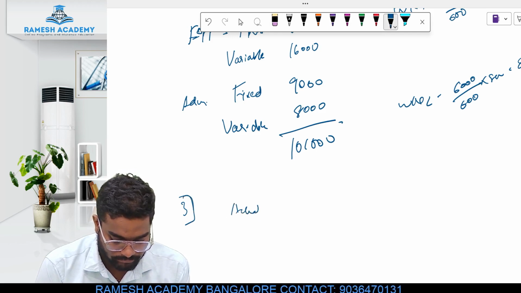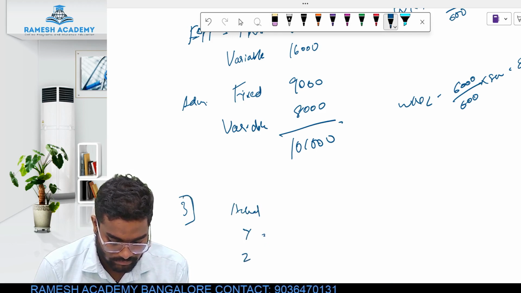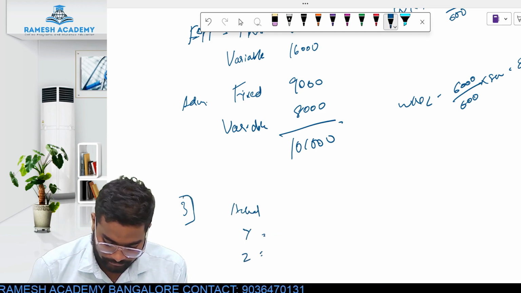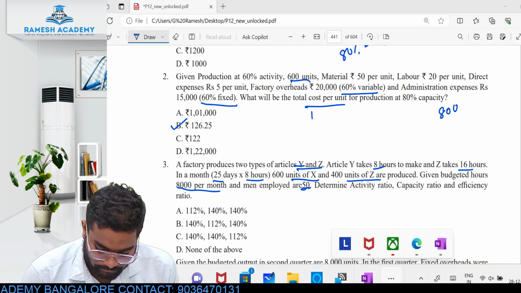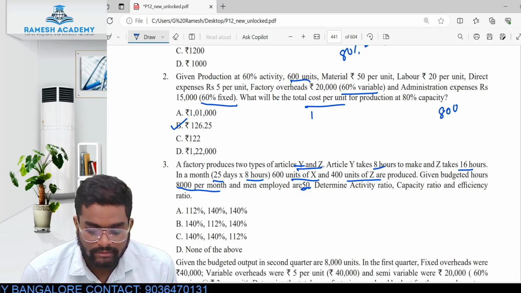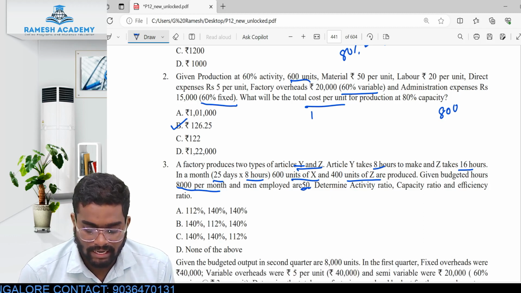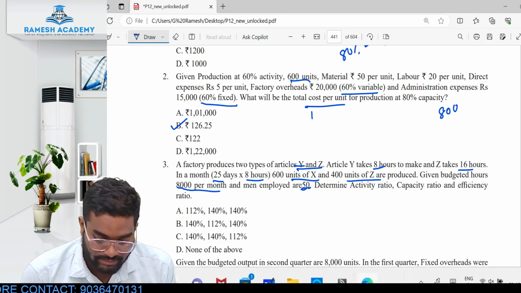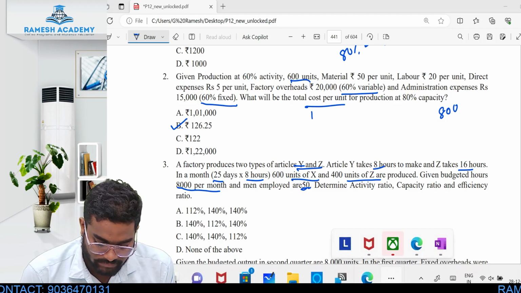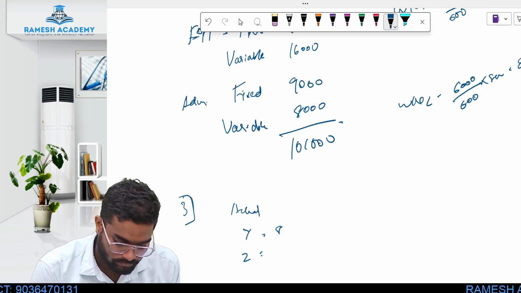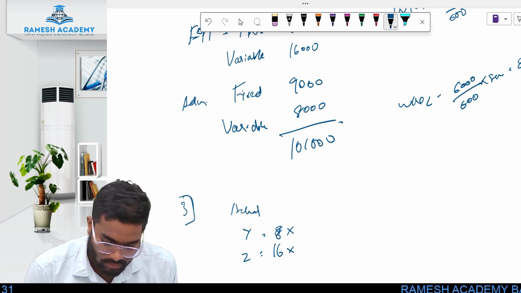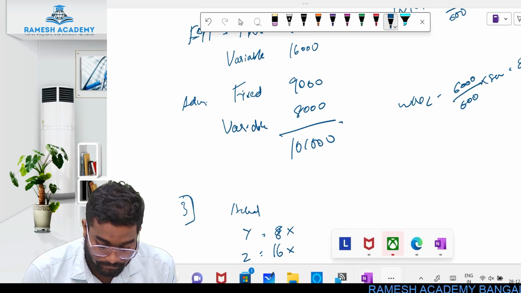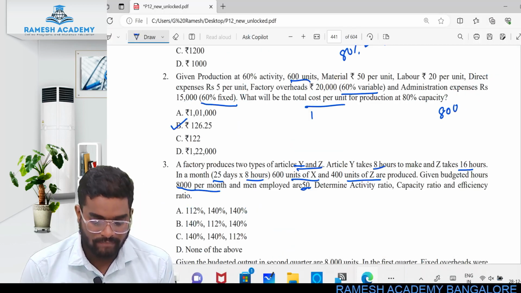Actual is simple. See, Y and Z. So how much time is 1 unit taking? 1 unit is taking 8 hours in case of Y and 16 hours in case of Z. Now we'll check how many units: 600 and 400.